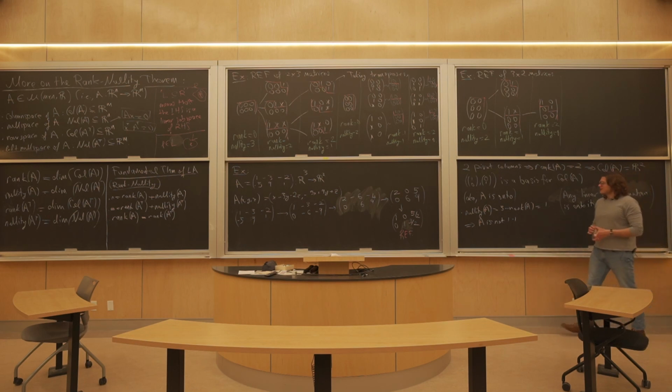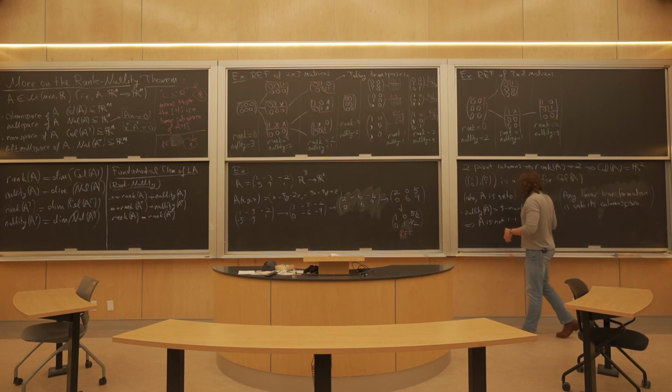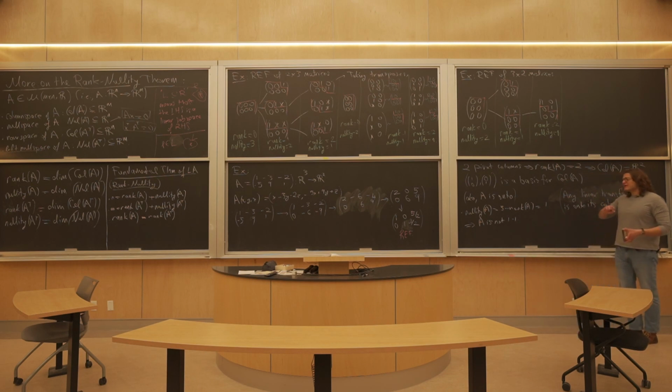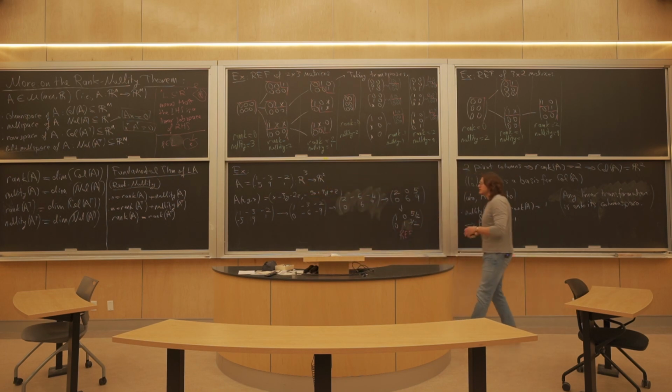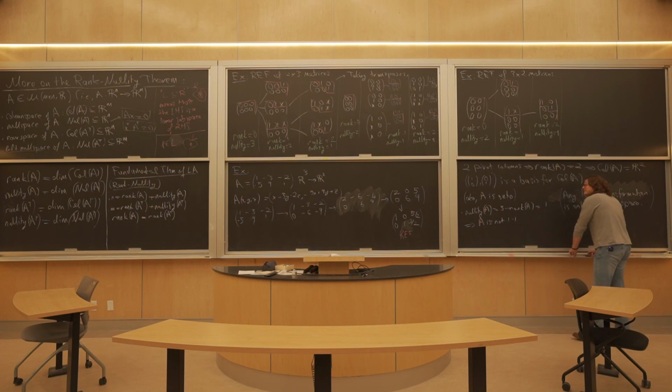Okay? So we can go further. I know that the nullity is 1, so that means that the null space of A is a one-dimensional subspace of the input space. But we can still try to see what it is, and come up with a vector that spans it.